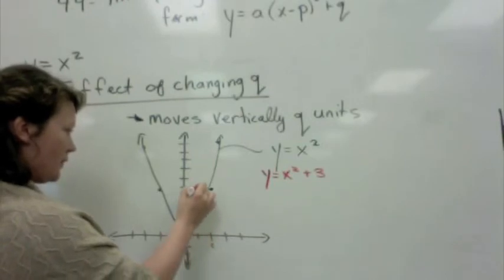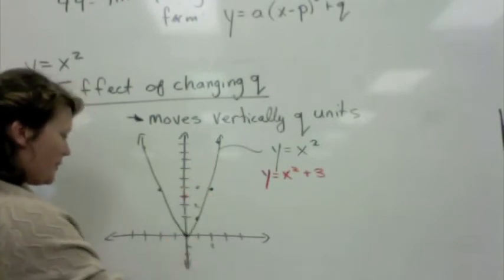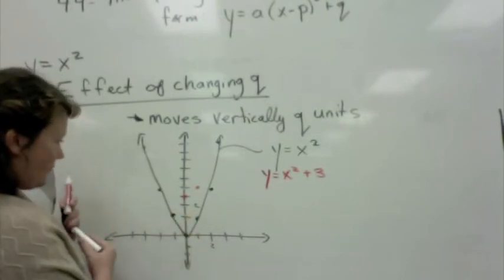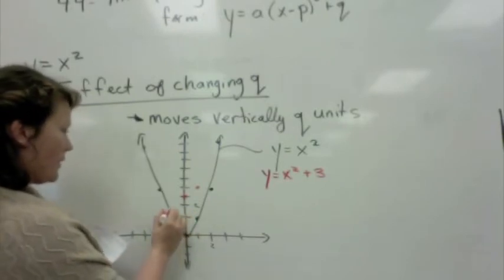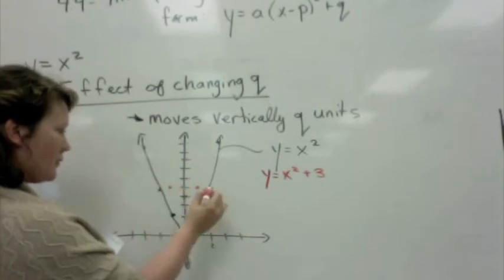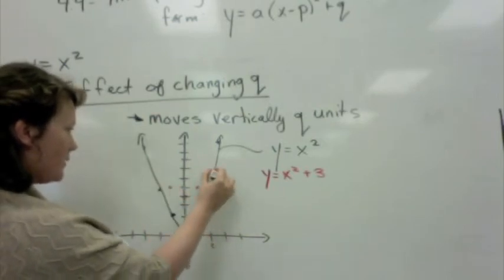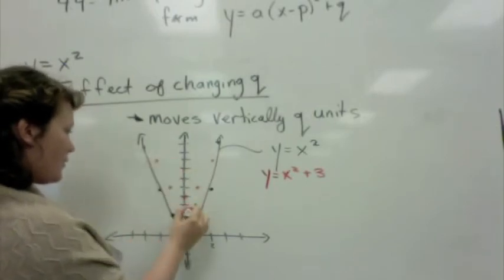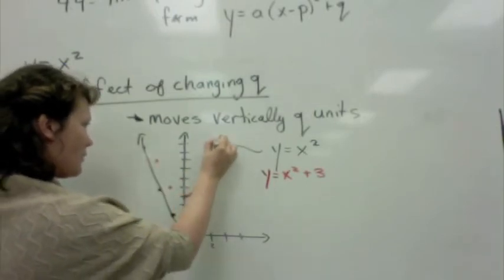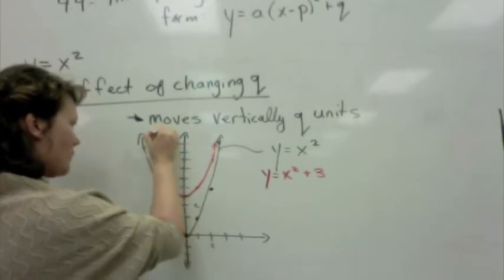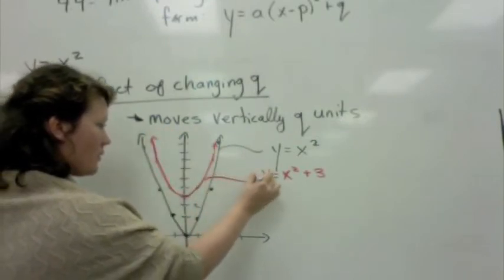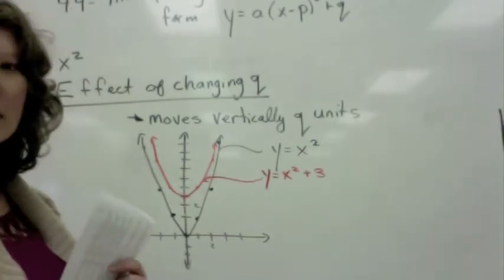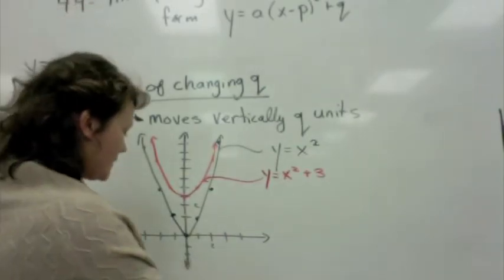Ooh, there should have been a point here that I forgot to draw in. There we go. This point goes up 3, this one goes up 3. So the one in red is going to be y equals x squared plus 3.